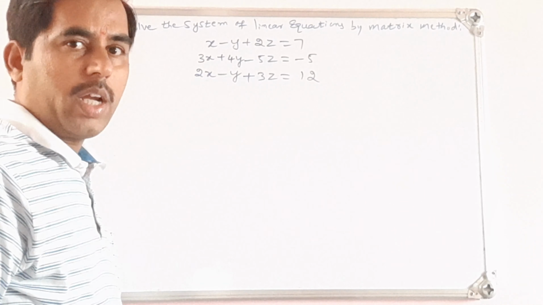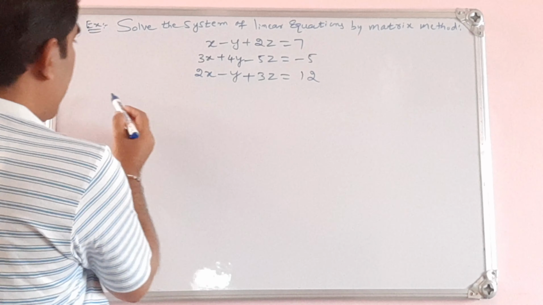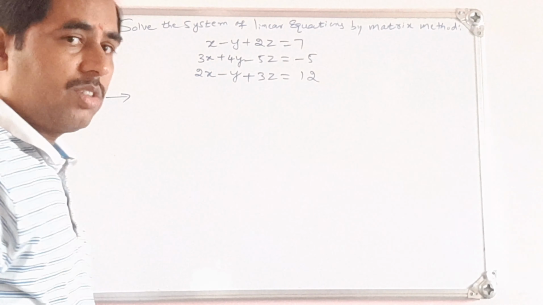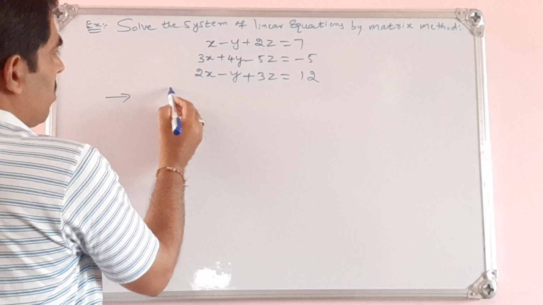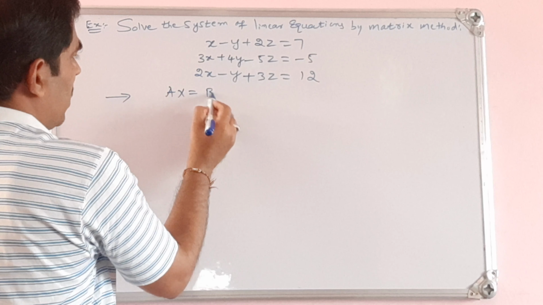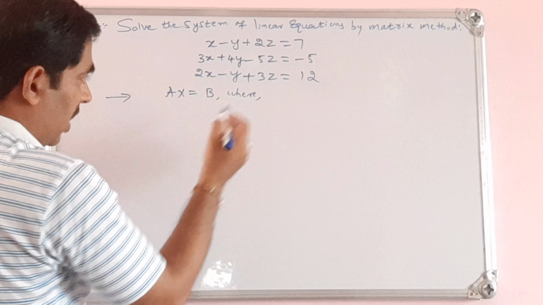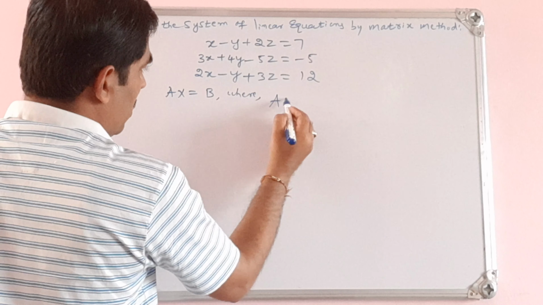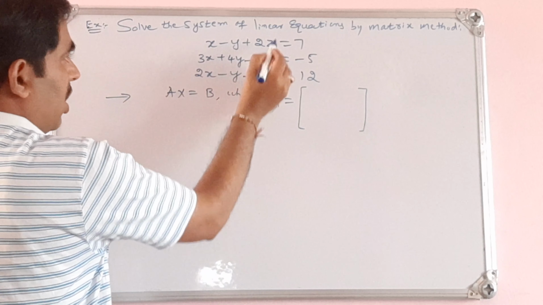So what are the points to remember here? The given system of equations can be written as AX is equal to B, where we write three matrices. One is the coefficient matrix, the coefficients of the variables.